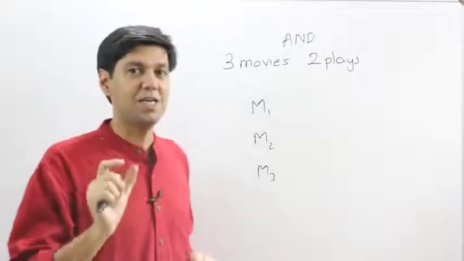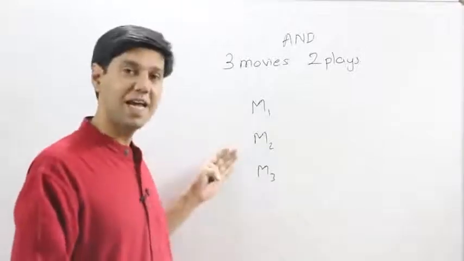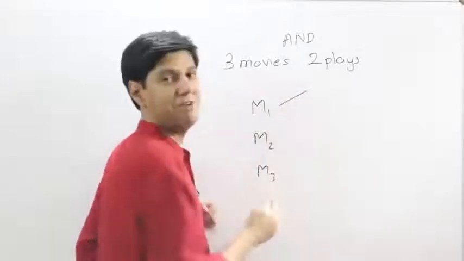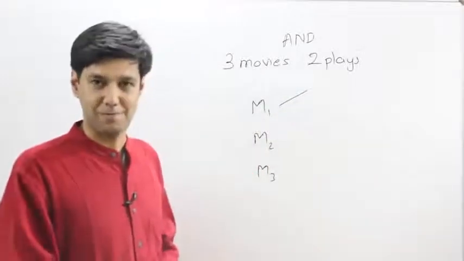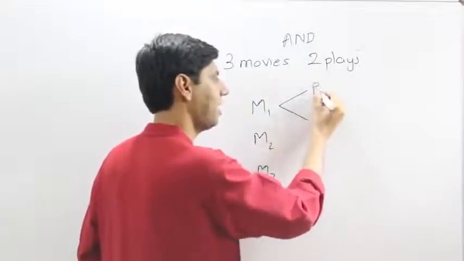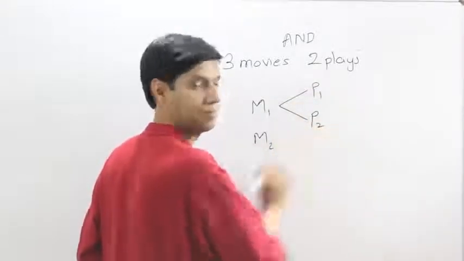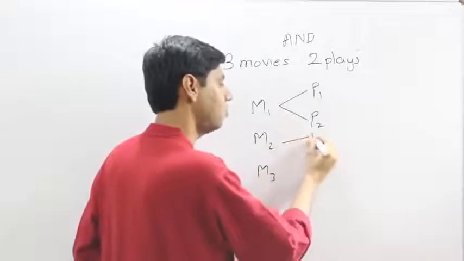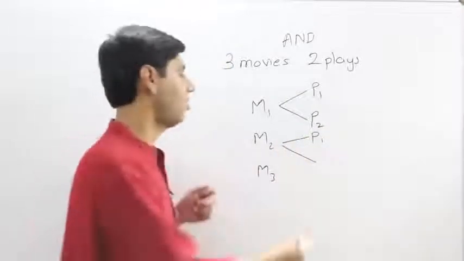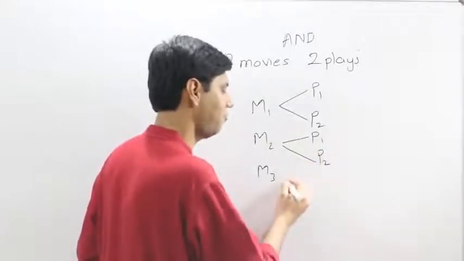Now the key word here is, having selected a movie, there are further how many ways in which I can watch the play. So with movie 1, I could watch either play 1 or play 2. With movie 2 also, having watched movie 2, I could continue and watch a play 1 or a play 2.